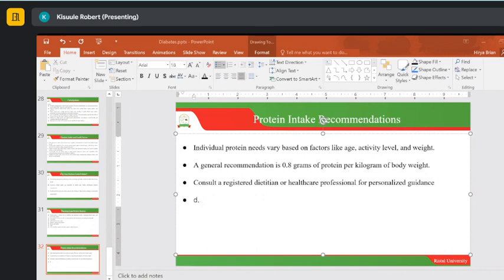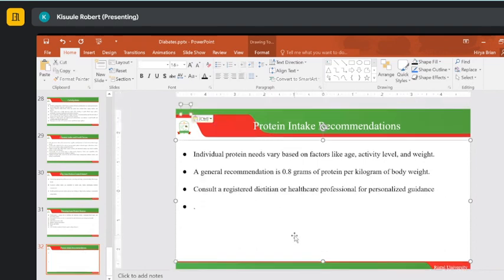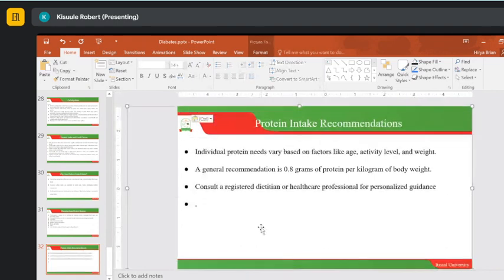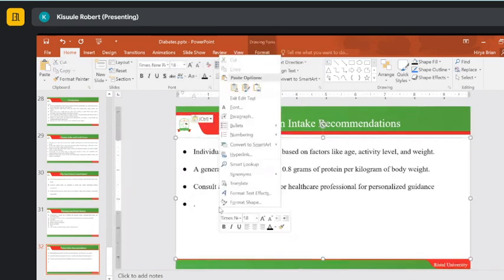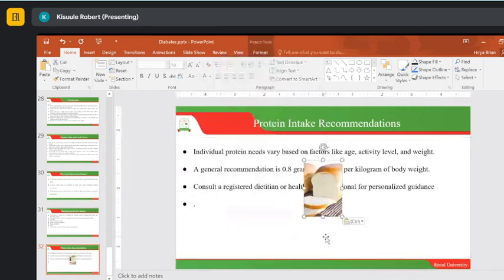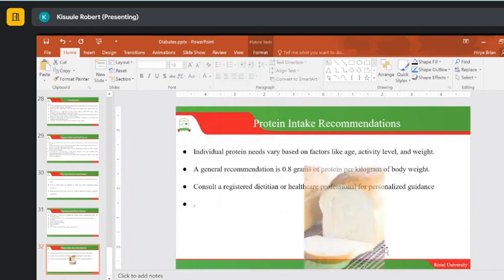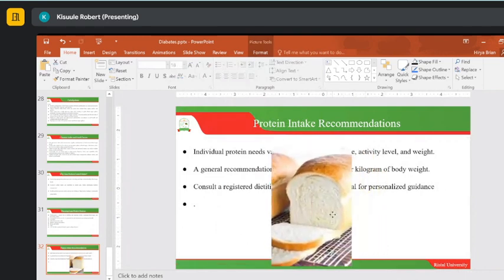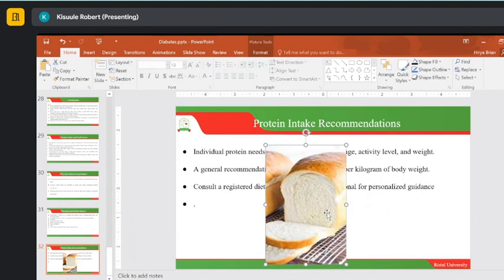We have different breads in the market, from different kinds of flour. One is made with wheat, the other with maize flour, and then the other is made with what? Are you seeing the picture I put on your screen? Yes, I'm seeing it.